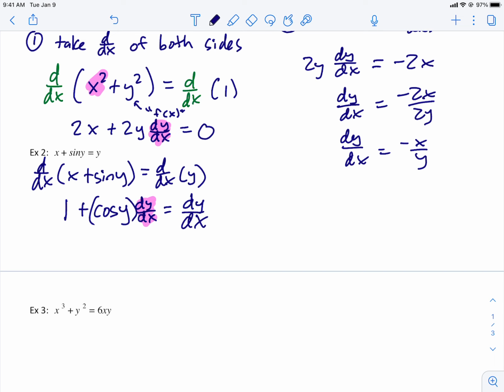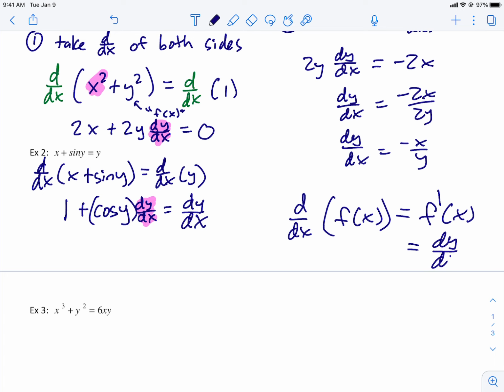And again, you could even just literally think algebraically. This makes sense now, dy dx. And if you don't like that, again, it's the derivative of f of x. Well, that's the same as f prime of x, but f prime of x is just dy dx.